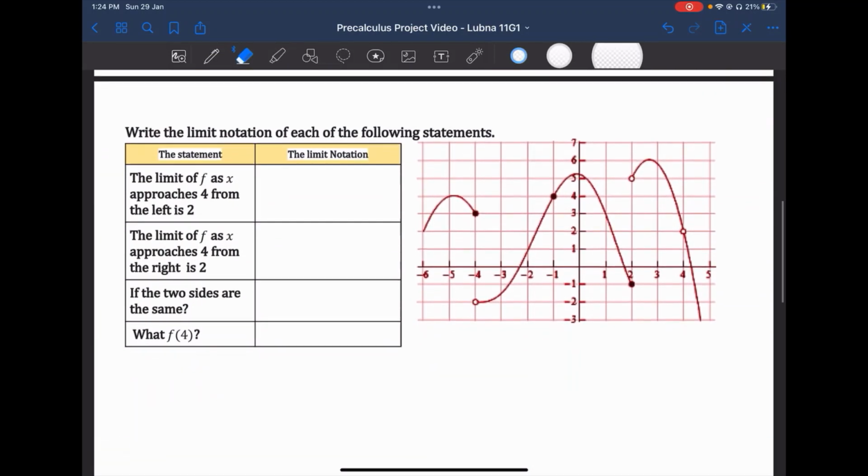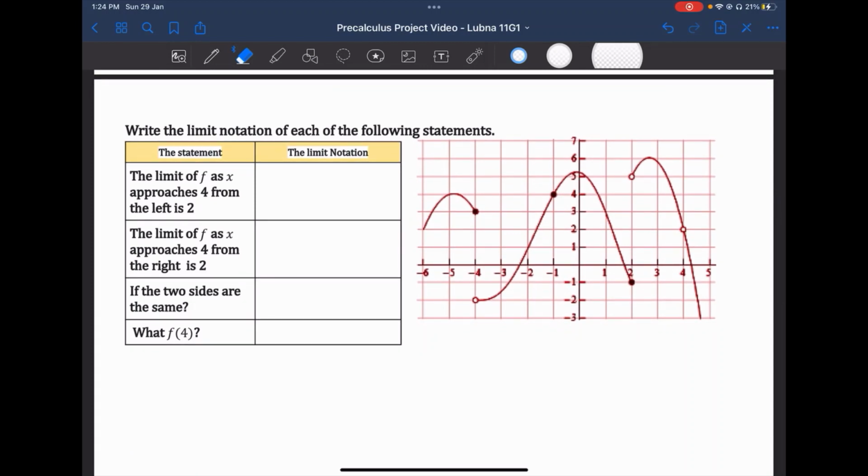Write the limit notation of each of the following statements. The statement: the limit of f as x approaches 4 from the left side is 2. So first we write lim, which stands for limit of f as x approaches. So we write f and then in bracket we write x, and then as x approaches 4 from the left side, which means that under lim we write x and then we draw an arrow sign which points to the right side, and then we write 4 as it says approaches 4.